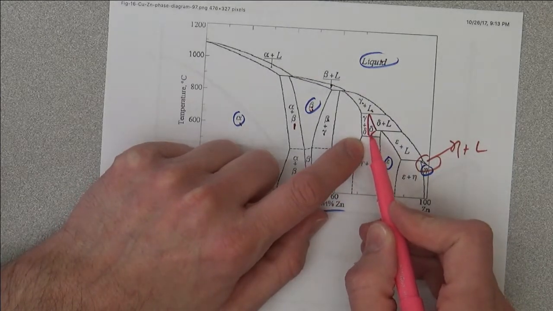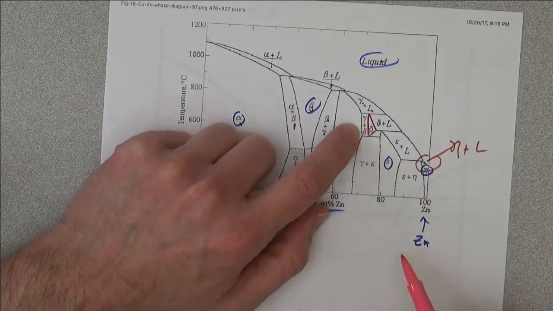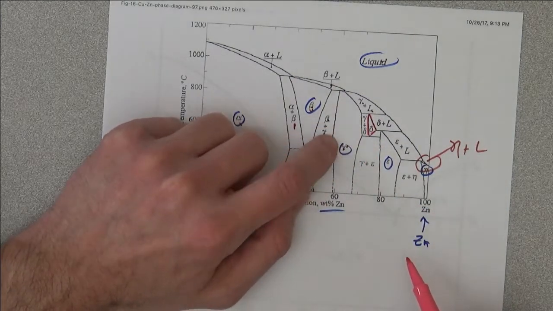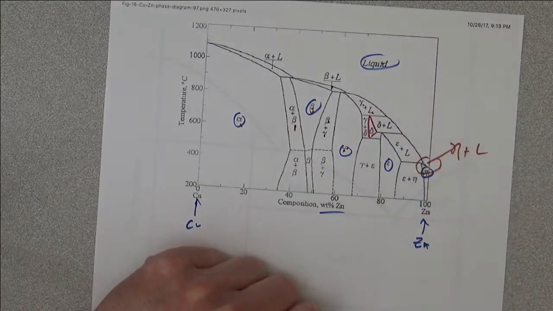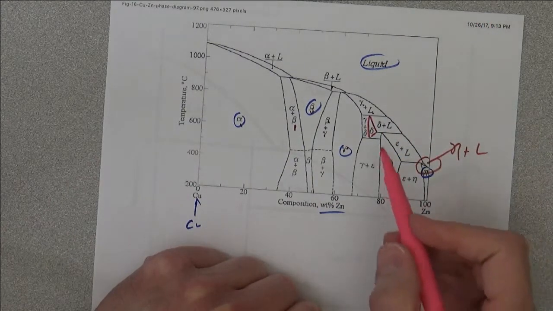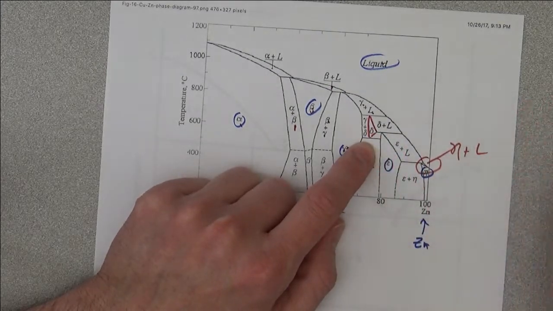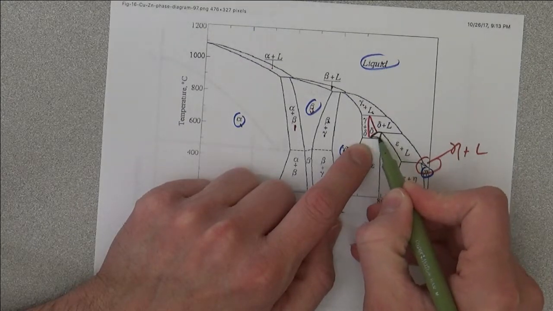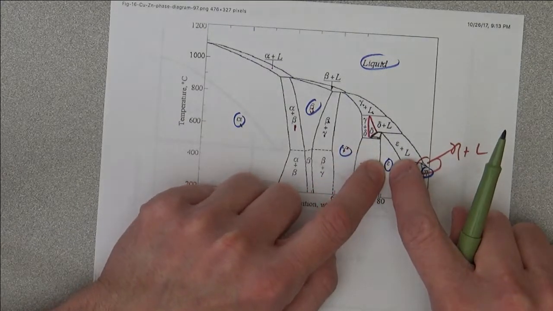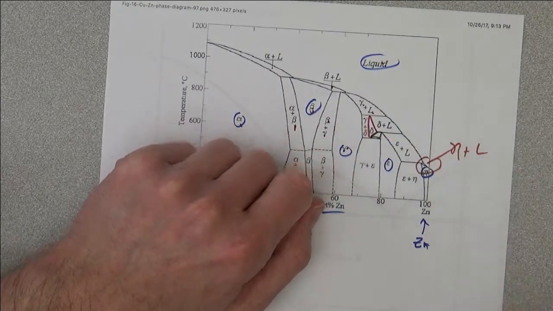On the left side of the delta, you have gamma plus delta, because we have gamma. On the right side, you have liquid plus delta. In this kind of anvil-shaped region here, because you have epsilon there, delta there, that must be delta plus epsilon.